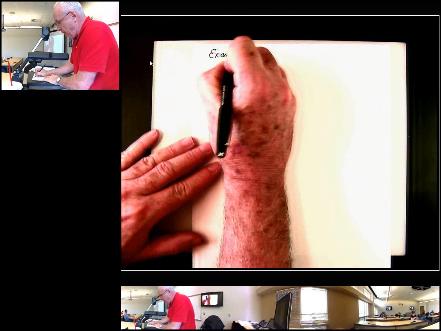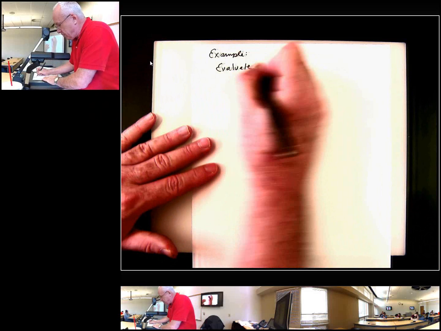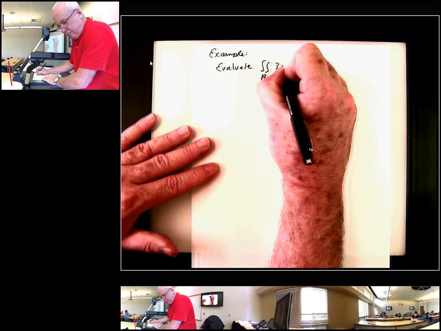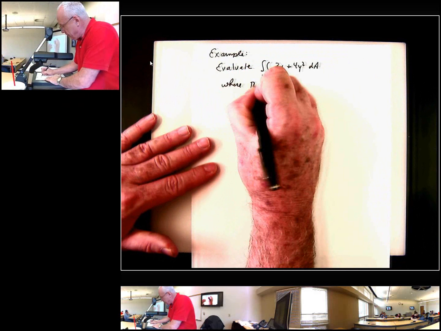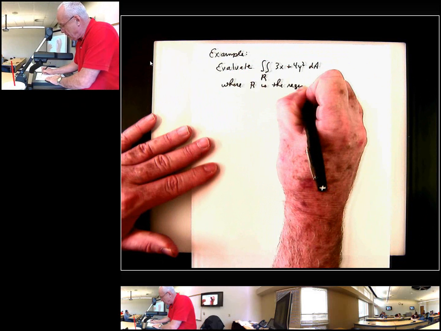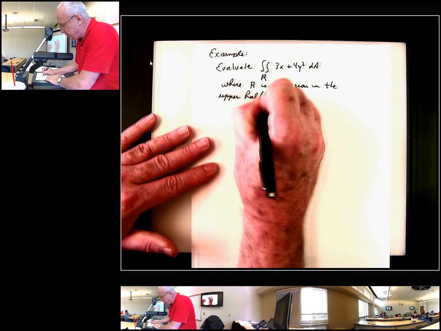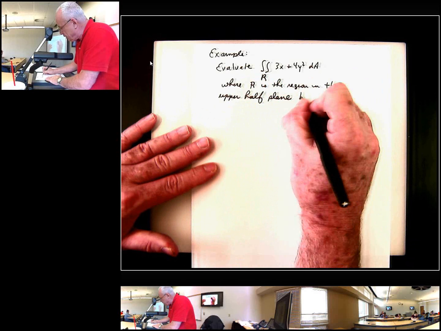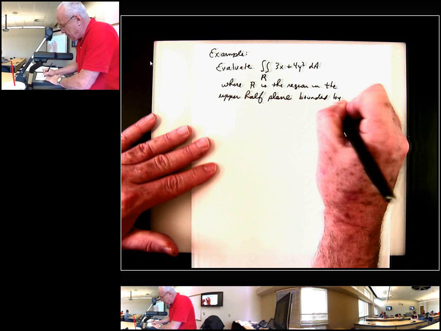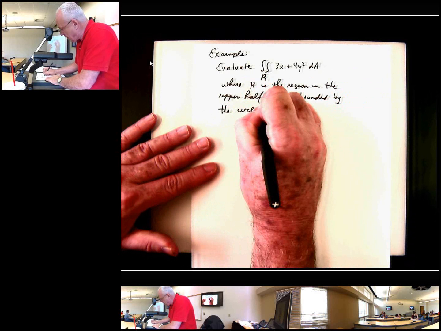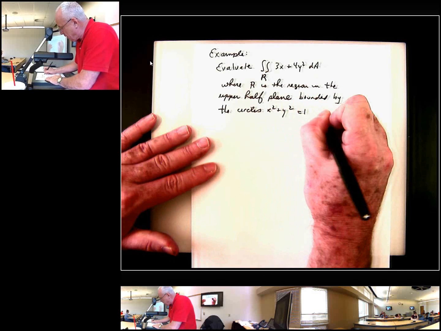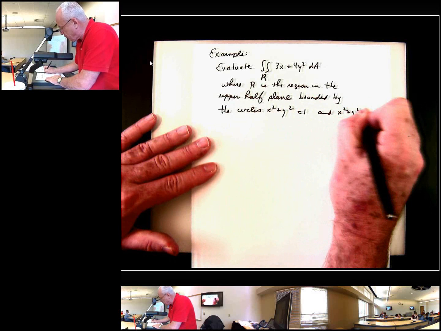Example: evaluate the double integral over R of 3x plus 4y squared dA, where R is the region in the upper half plane, so I'll make sure we understand what we're talking about there, bounded by the circles x squared plus y squared equals 1, and x squared plus y squared equals 4.